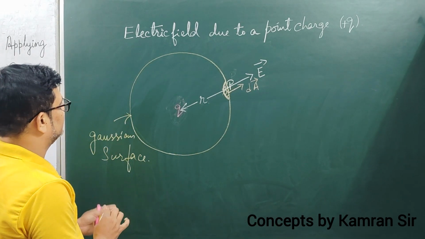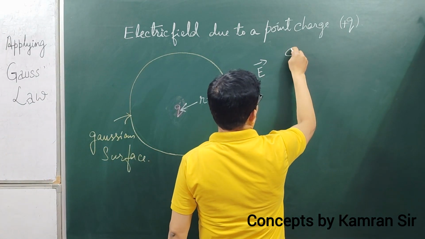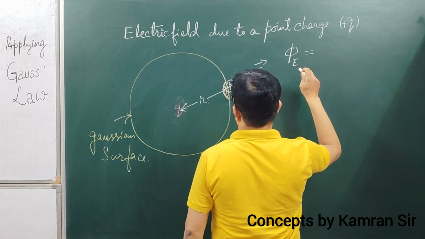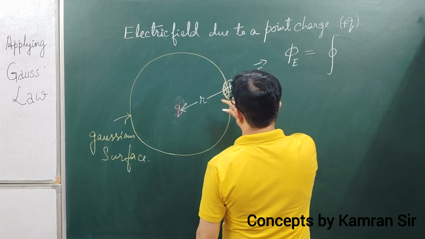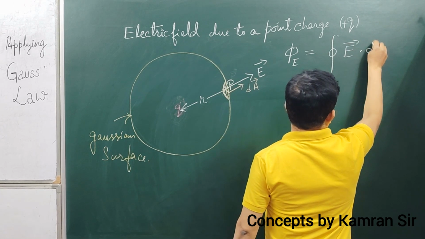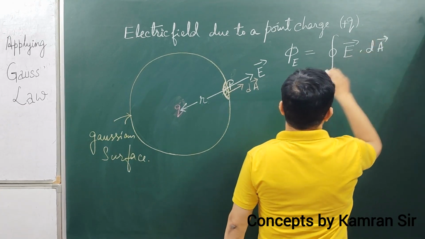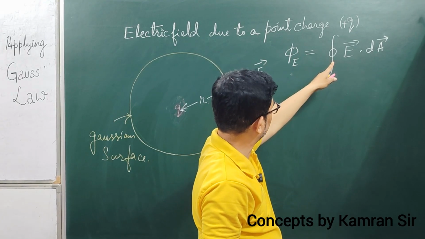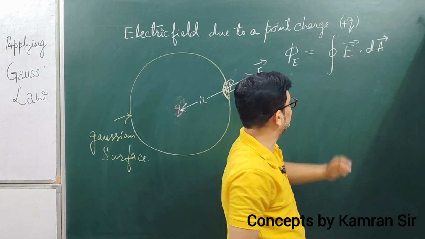Having made this diagram, now we'll try to figure out what phi is. From our understanding of electric flux, phi is equal to the integration over the closed surface of E dot dA.